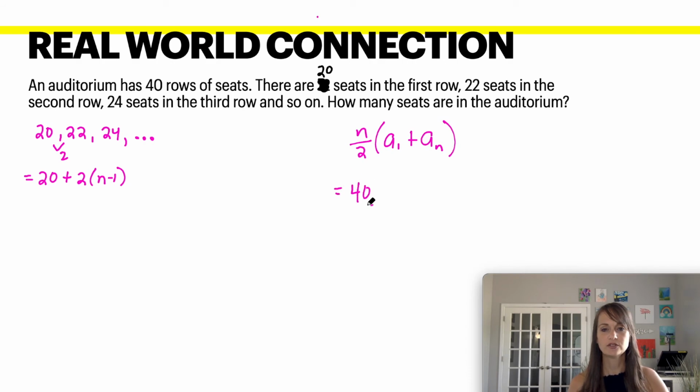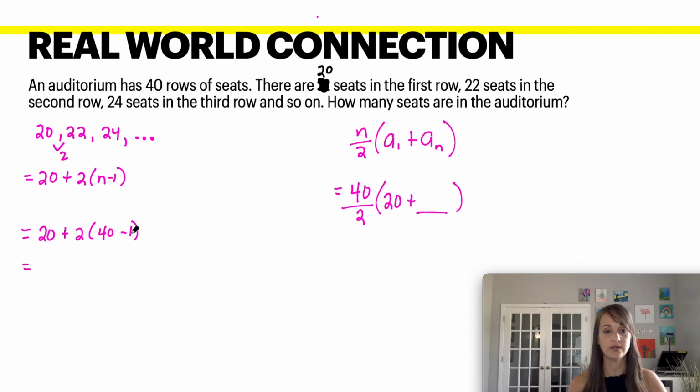Well, we know that there's 40 terms because there's 40 rows of seats. And we know that the first row has 20 seats. However, we do not know the last row. So we're going to go over here to our formula in order to figure out how many were in that 40th row.